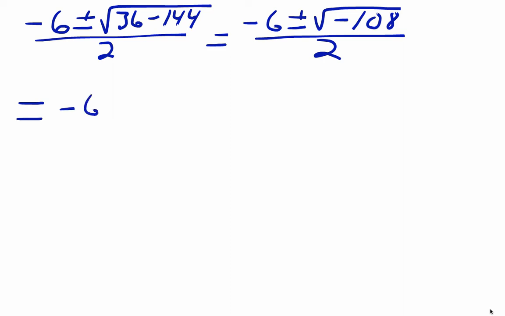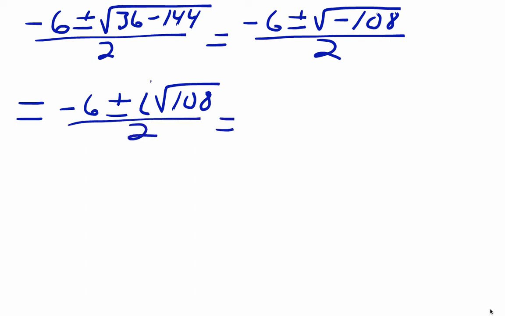So I have a negative 108, which means I have to take the negative out, so that becomes my imaginary number i times the square root of 108, all over 2. So I have negative 6 plus or minus i, and I know the square root of 108 can be made into the square root of 36 times the square root of 3, because 36 times 3 is 108.